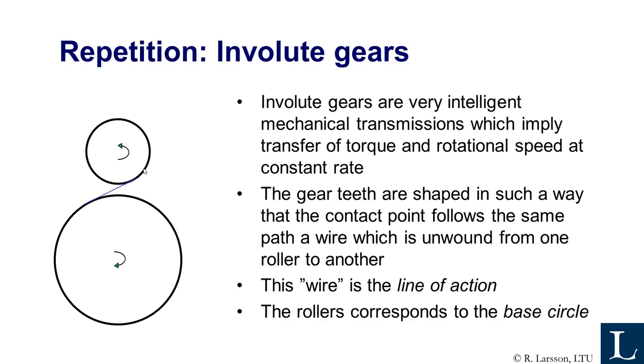So if you have a constant input from one wheel of torque and speed, you have a constant torque and speed on the other wheel too. And this wire, which is unwound from one to the other one, is called the line of action. You remember that. And this is the base circle of the two wheels.